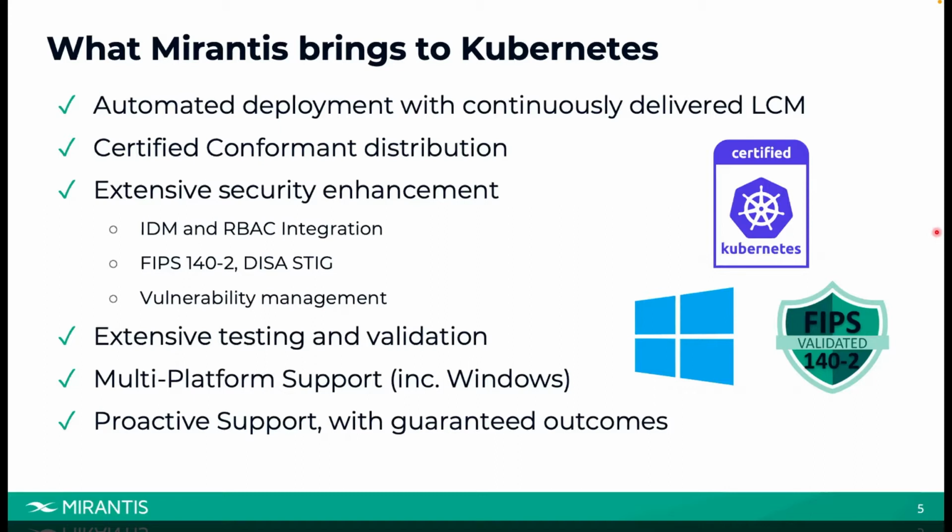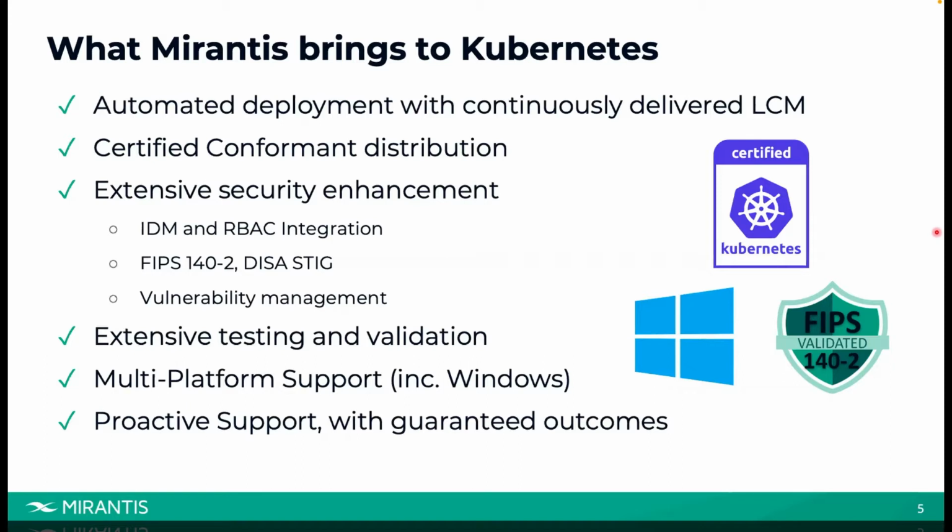There is built-in identity access management, and role-based access control integrated into the products. FIPS 140-2 and DISA STIG, which I'll dive a little deeper into, and also vulnerability management. We also provide proactive support with guaranteed outcomes, and this is unique in the industry. We work with you to determine the business priorities and provide guaranteed outcomes such as availability, SLAs, uptimes, and so on.